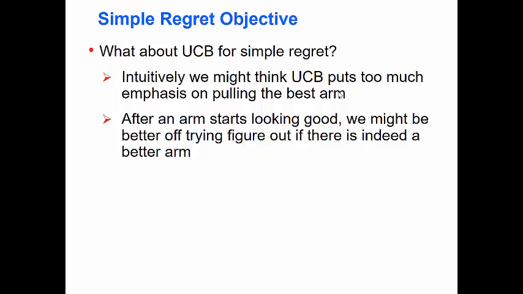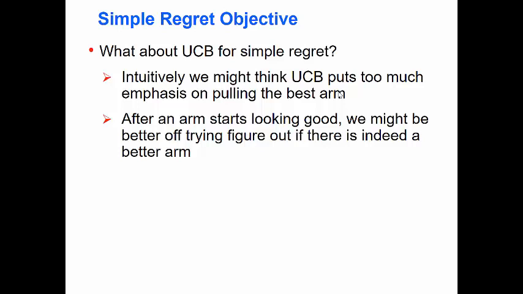So UCB could work, but you could also say that it puts too much emphasis on pulling the best arm, because UCB's sequence of rewards has to converge to the optimal average reward that you could get, and so it has to put a lot of emphasis on the best arm.